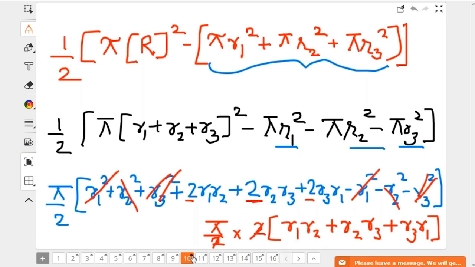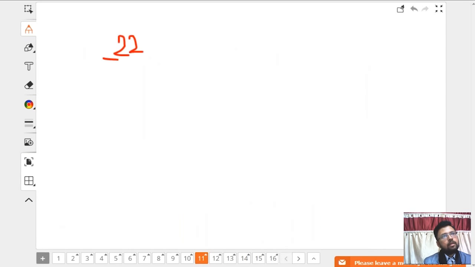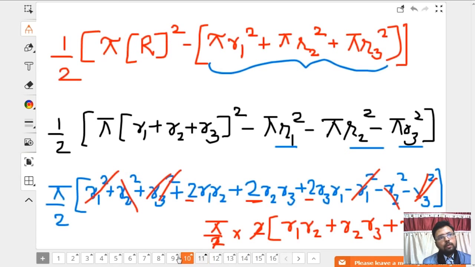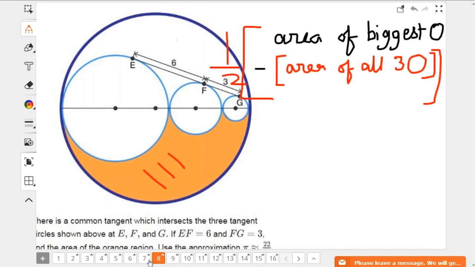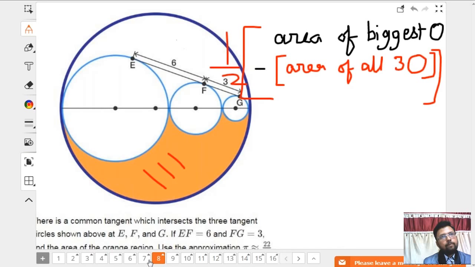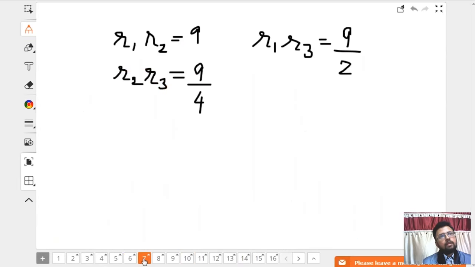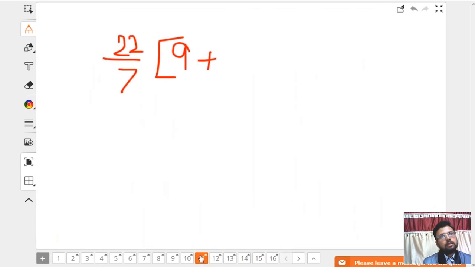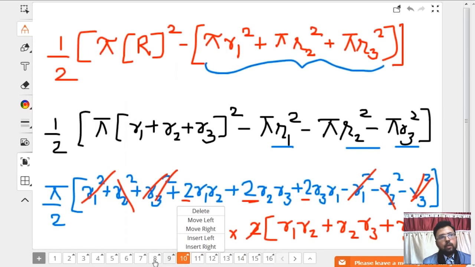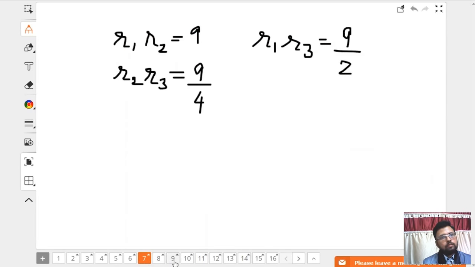So pi is 22 by 7 into... Now what was R1R2 from our previous work? R1R2 is 9, plus the next one, R2R3, which was 9 by 4, plus the last one, R3R1, which was 9 by 2.